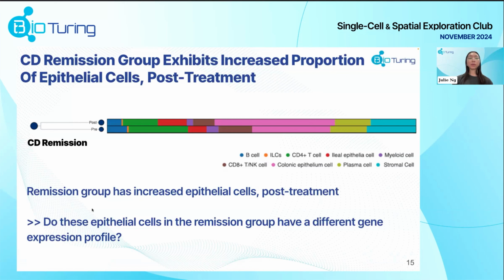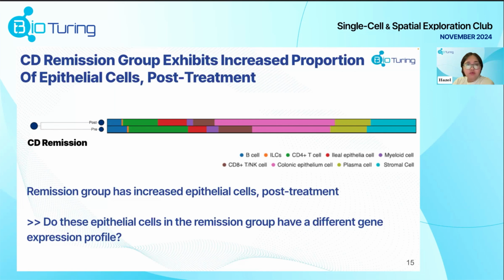And so from here, I want to ask, perhaps do these epithelial cells in the remission group have a different gene expression profile? Are there any genes that stand out that may act as a predictive marker for whether or not these patients can be successful in their treatment?